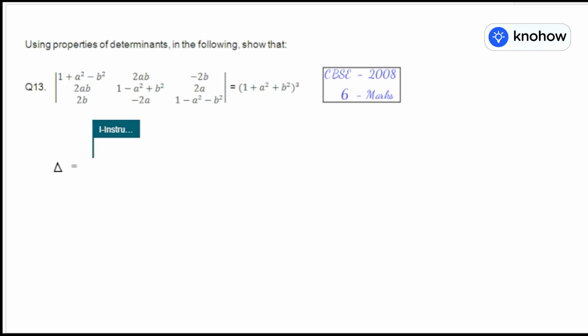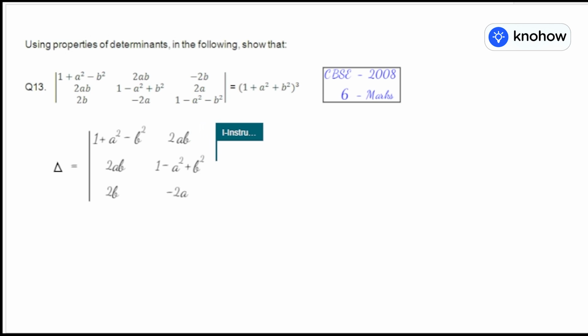You get the value of the determinant equal to 1 + a² − b², 2ab, 2b², then 2ab, 1 − a² + b², −2a, and −2b, 2a, and 1 − a² − b². Now, in column 1 you subtract, because if you multiply this 2b by b, it becomes 2b², added to this term.